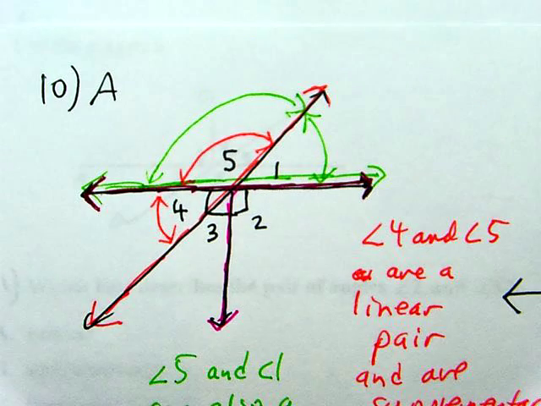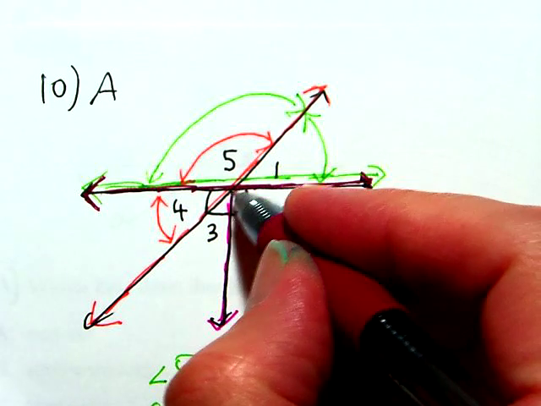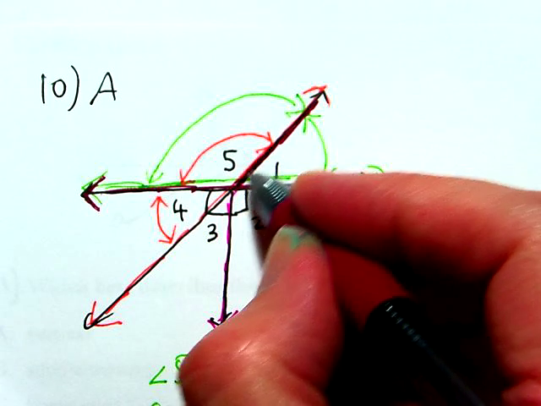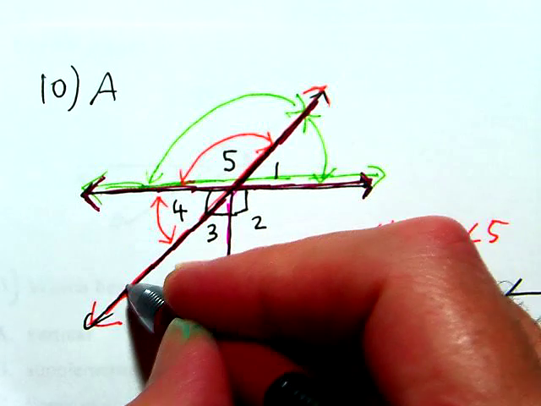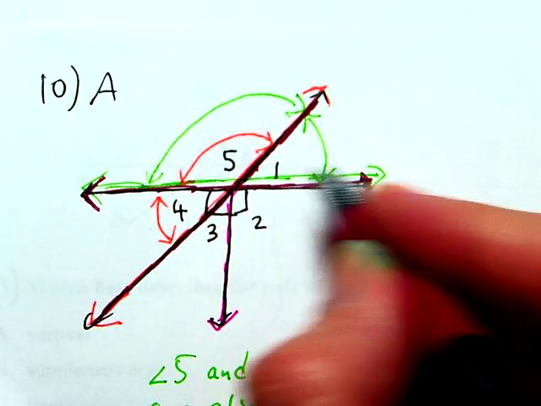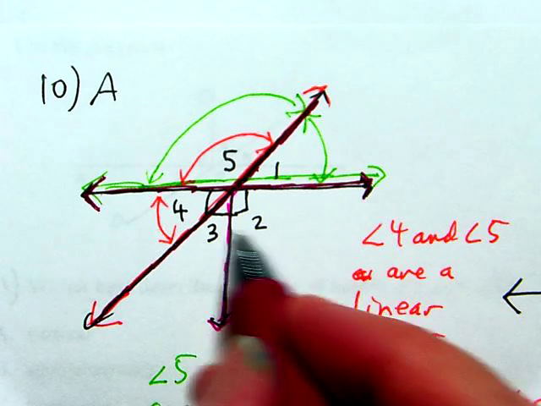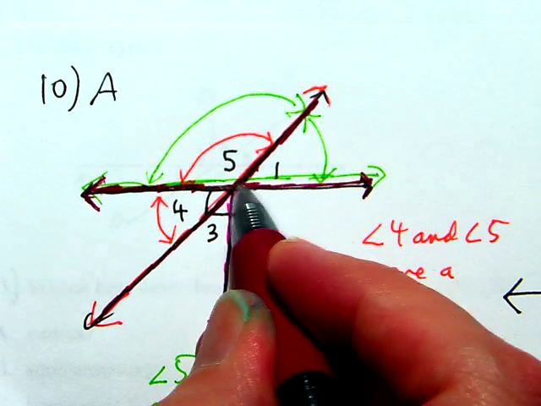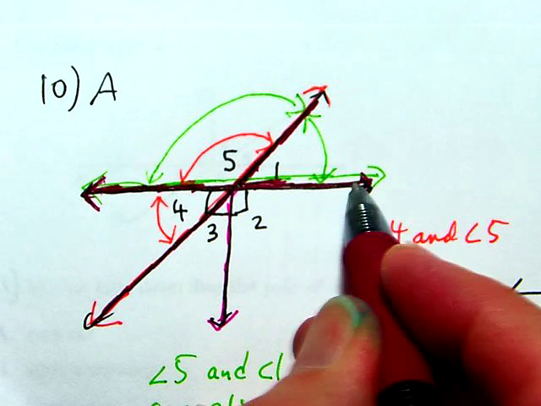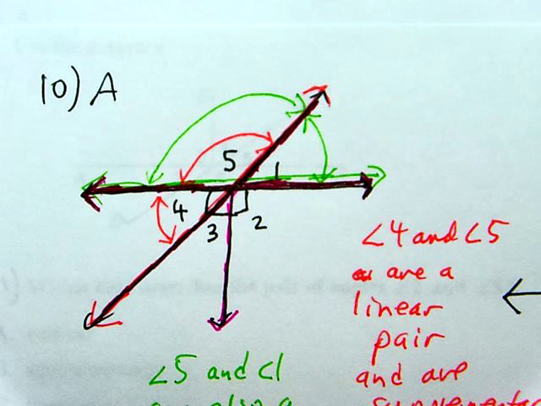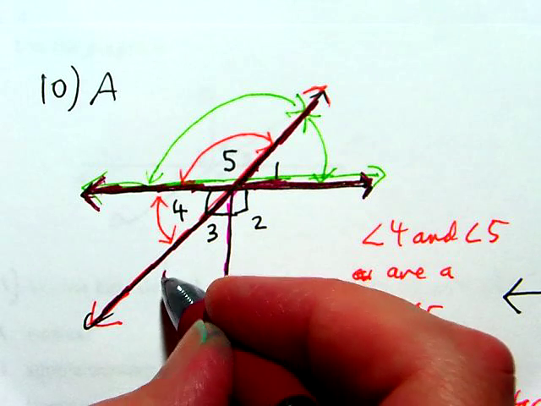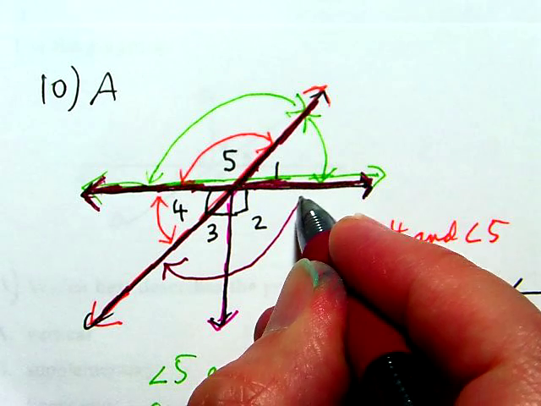Well, look at the sides of 5. The sides of the angle 5 is this ray, and if we extend it, we get this line. Okay, and the other side of 5 is this ray, and if we extend it, we get this line. Okay, so the vertical angle for angle 5 isn't angle 2, it's this angle.